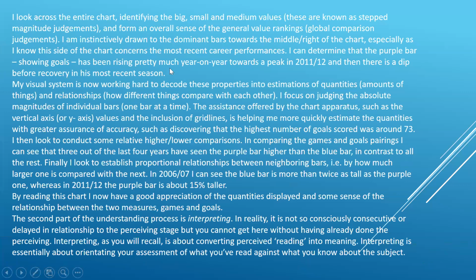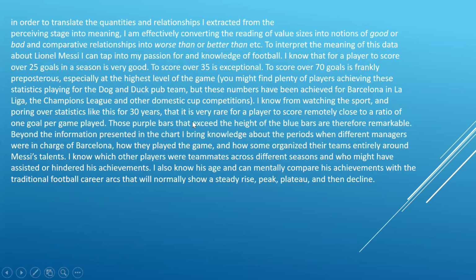If you look across the entire chart, we are identifying big, small, and medium values, and forming an overall sense of the general value rankings. So after analyzing the chart, we can easily read these descriptions and understand what has been going on.